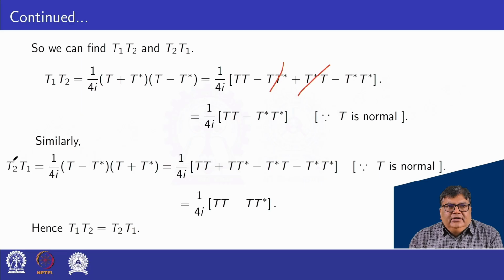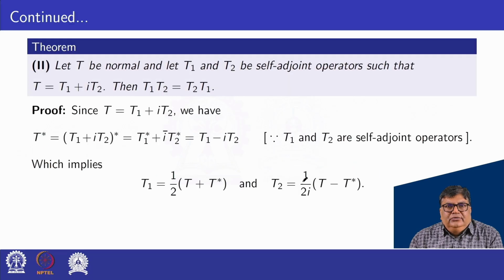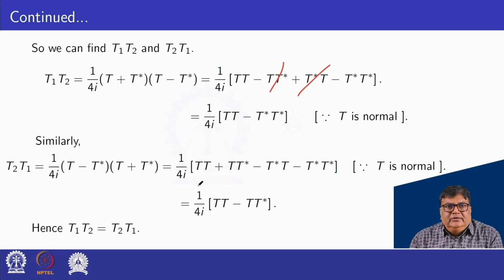Similarly, T2 T1, so T2 is this, T1 is this, so 1 upon 2i into 1 upon 2, that is 1 upon 4i, into T minus T star into T plus T star. Again operating this, we have TT plus T T star, minus T star T, and minus T star T star.